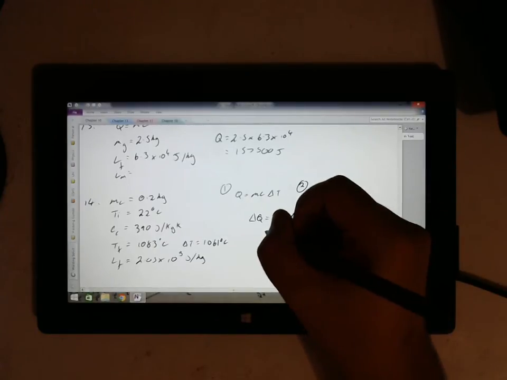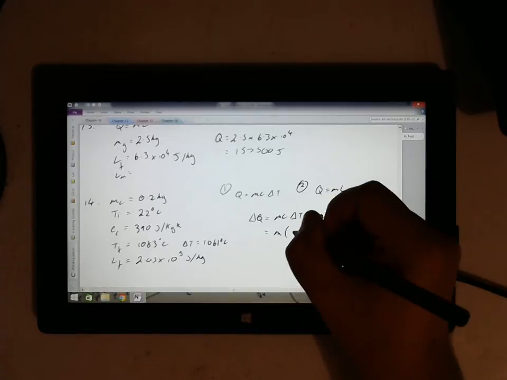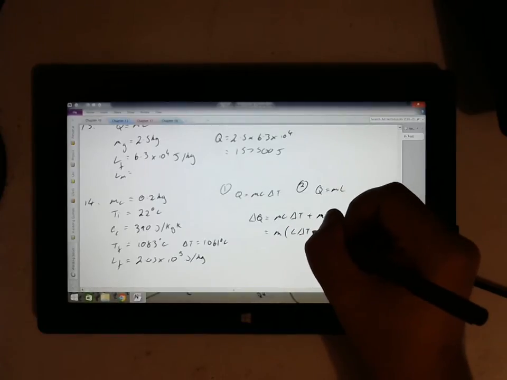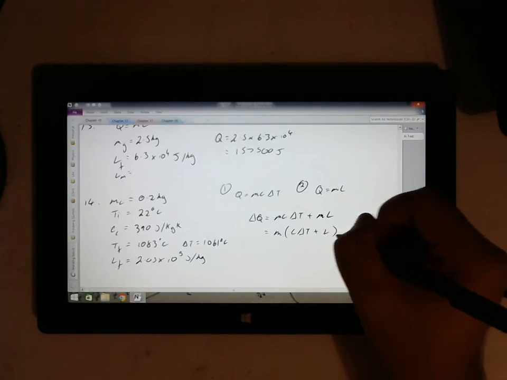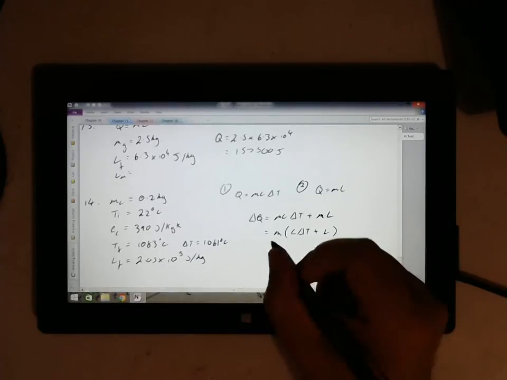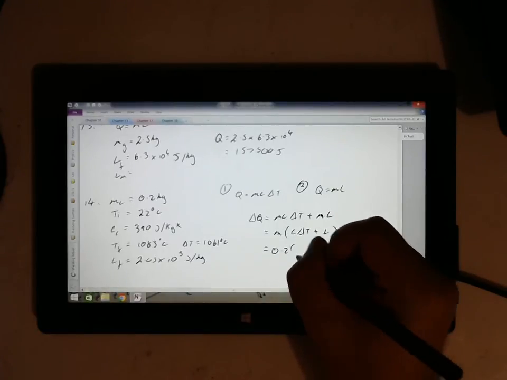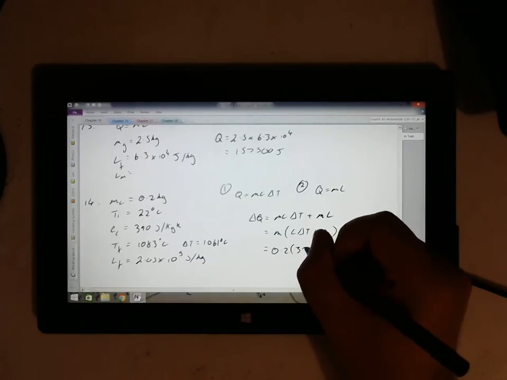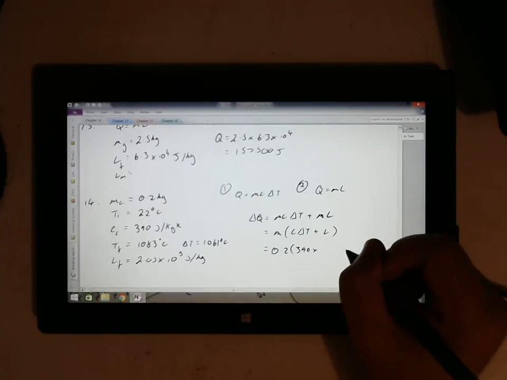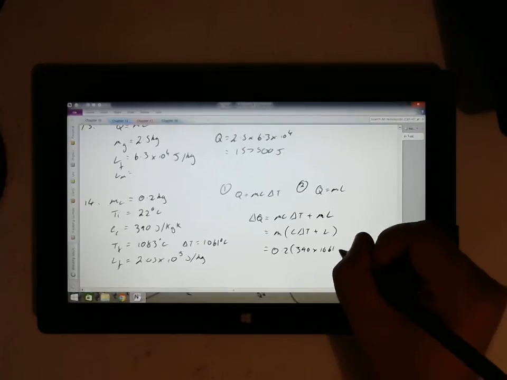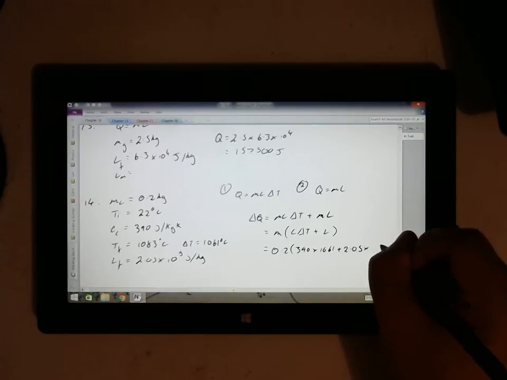We can see we've got a mass in both, so we can say it's M(CΔT plus L). Let's substitute. Mass was 0.2, C was 390, delta T was 1061, and latent heat is 2.05 times 10 to the 5.